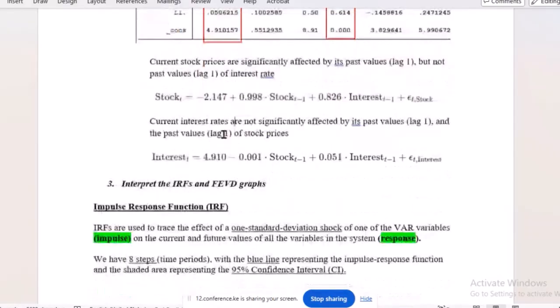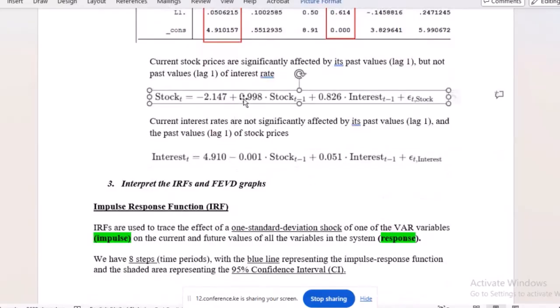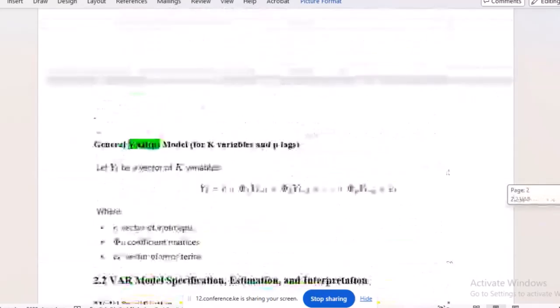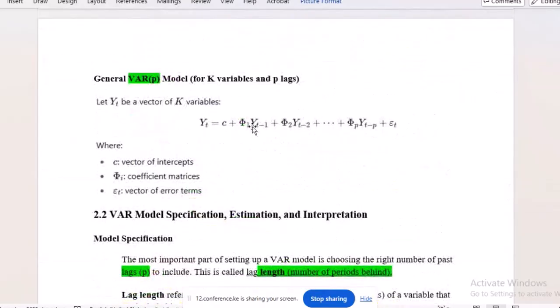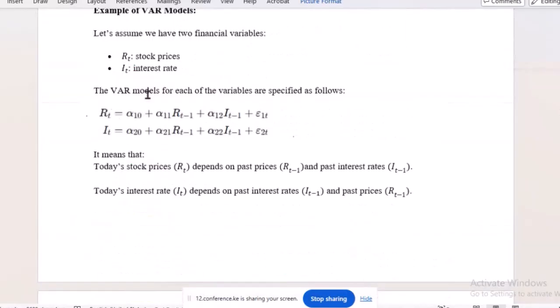Then you can write the equation like that. So you'll be able to see that this equation here and this equation here is the same as what we had. It is the same as this. We can see that maybe this one is the current stock prices, the previous period stock prices, and the previous period's interest rates.